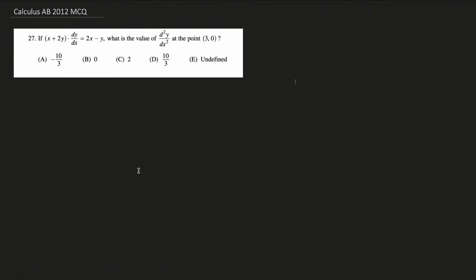27 states that if x plus 2y times dy/dx is equal to 2x minus y, what is the value of d squared y, the second derivative of y, at (3, 0)? If we solve for dy/dx, that's equal to 2x minus y over x plus 2y.